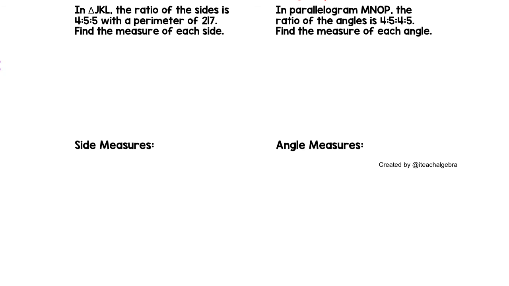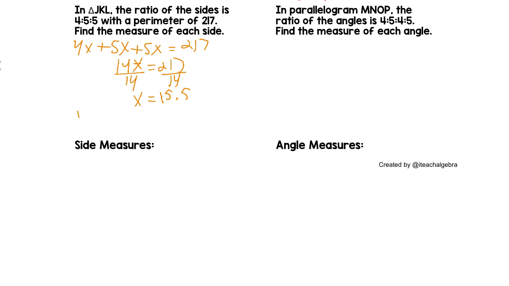Okay, we've got triangle JKL. The ratio of the sides is 4, 5, 5 with a perimeter of 217. So we've got 4x plus 5x plus 5x is 217. That's 14x is 217. If I divide by 14, I get x is decimal 15 and a half.